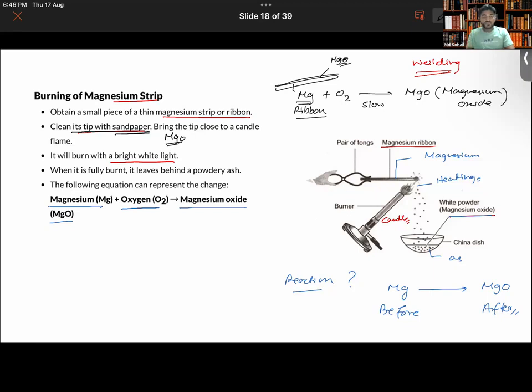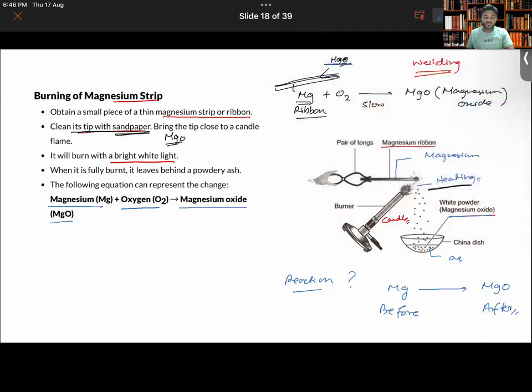So that's why we need to scrub it off with the help of a sandpaper, so that we can burn it properly, we can heat it properly, and so that we will be able to heat magnesium directly. The magnesium will be exposed once you have rubbed the magnesium oxide from its surface.